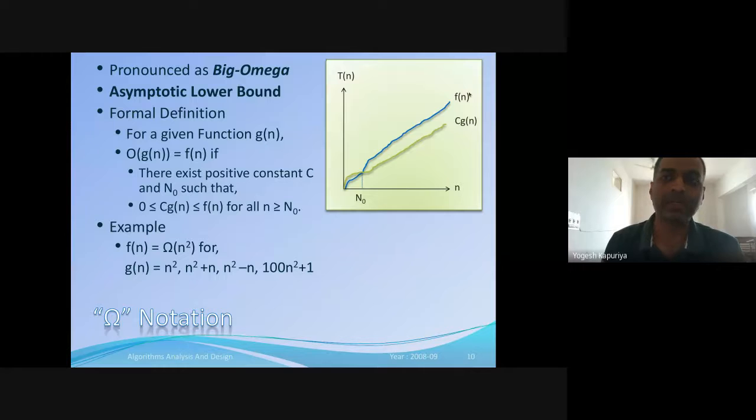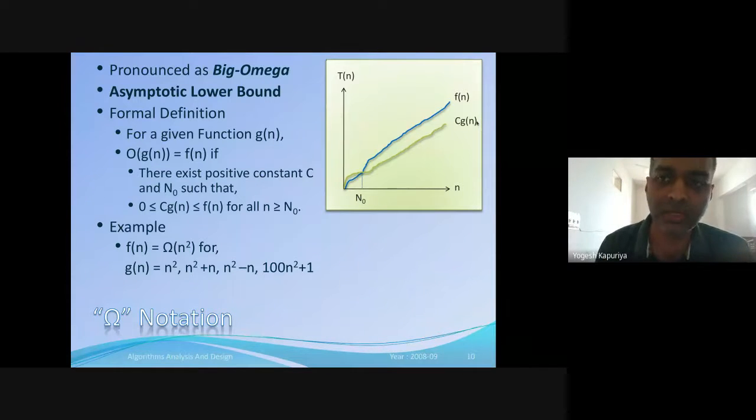What does it mean? It means that if you take this graph, for a given function fn, there exists a function gn. When it is multiplied by c, which is a constant, you can find some value of n, after which your fn is always going to be greater than or equal to cgn.